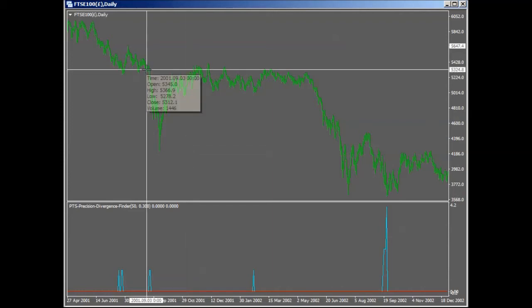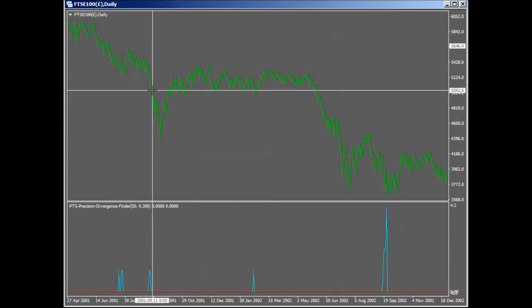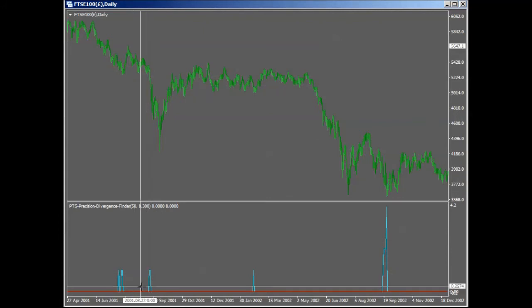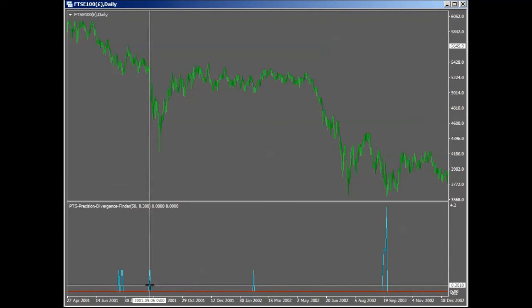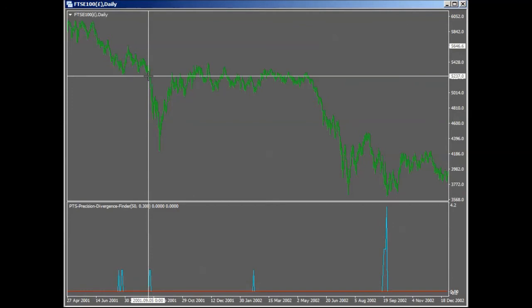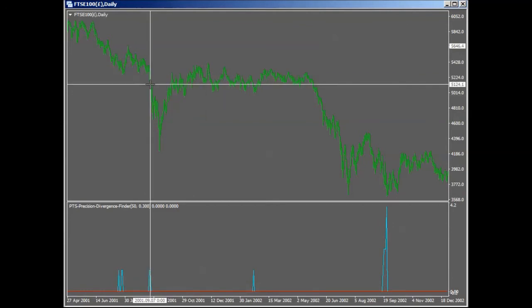What he means by that is if you've got a bunch of stocks, like 50 stocks in your portfolio, and you get a load of trades like this all flashing up one after the other on one day, if you take all those trades you could have a very bad day.